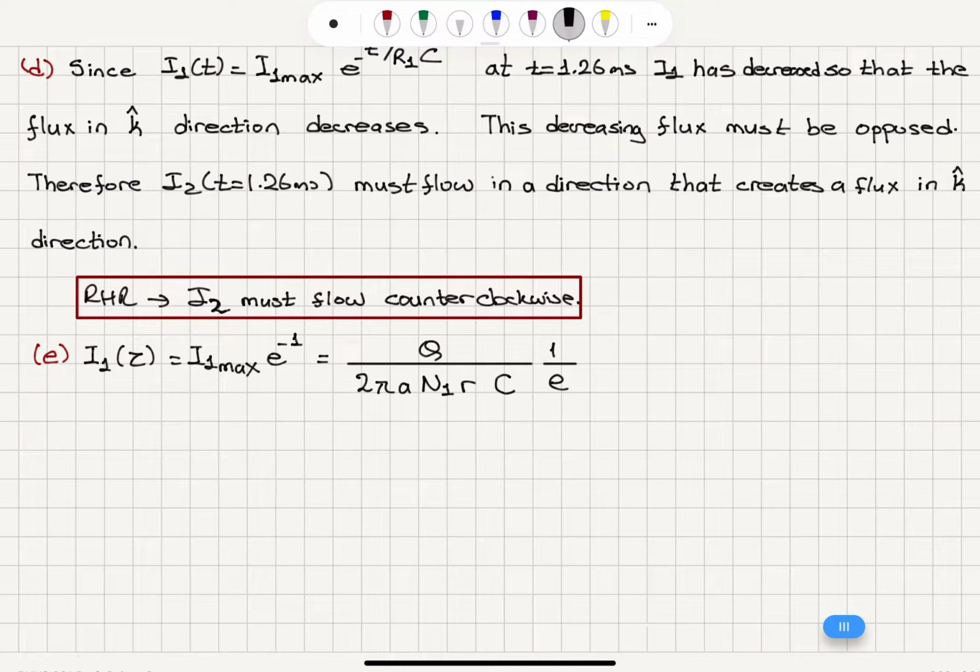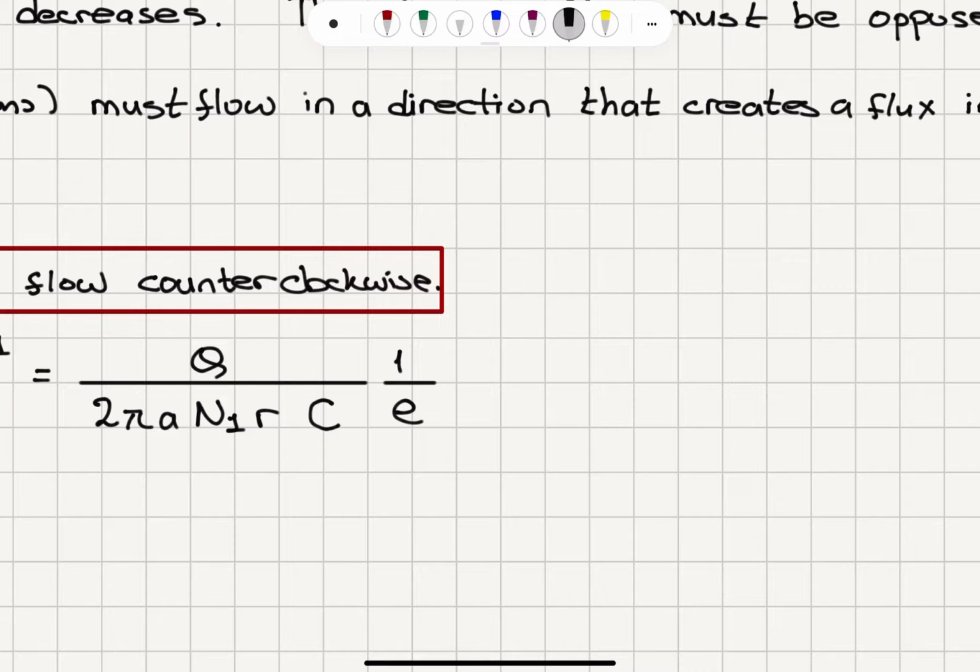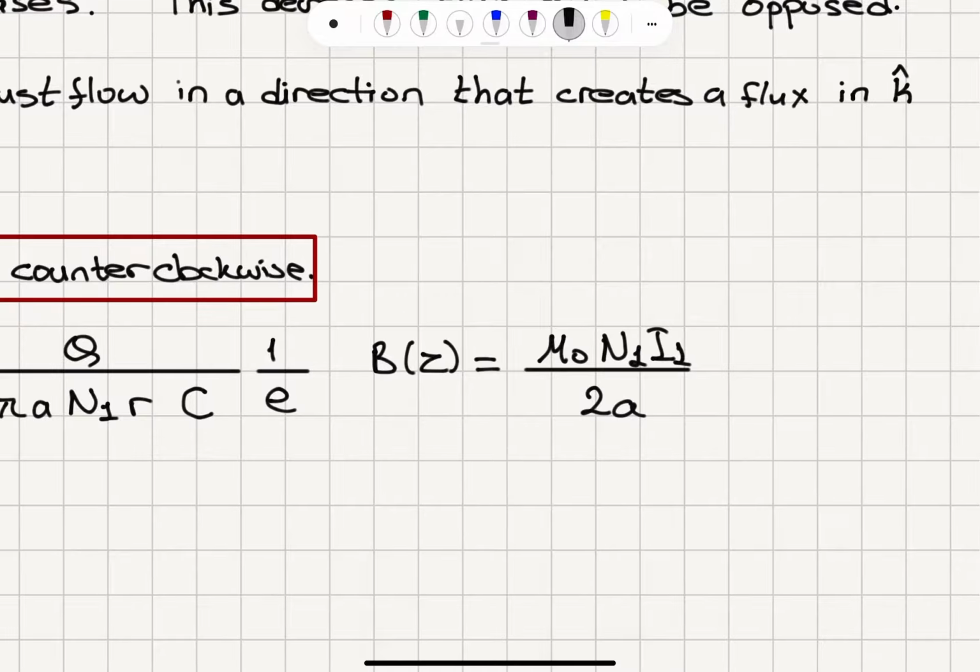Okay, now at the same time, I can find the magnetic field at time t is equal to tau. It is the magnetic field created by a circular coil with N1 turns, mu0 N1 I1 at its center, twice the radius 2a. And what is the magnetic flux through each of the smaller coils?